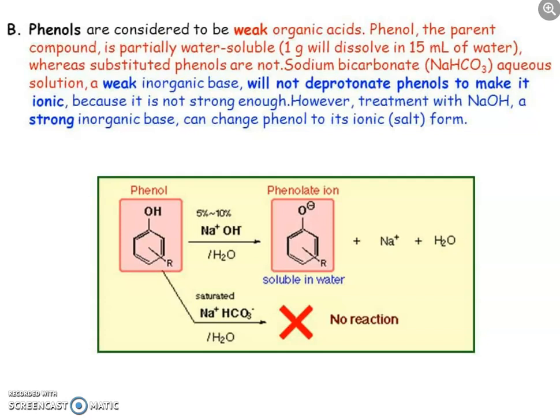However, treatment with sodium hydroxide, a strong inorganic base, can change phenol to its ionic form. So you can see the phenol, 5% sodium hydroxide, phenolate ion soluble in water. It is not undergoing deprotonation in the presence of sodium bicarbonate. So this one is good.